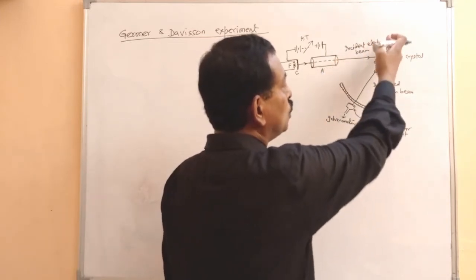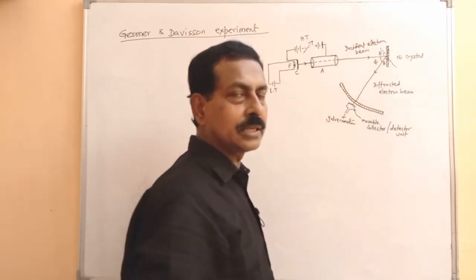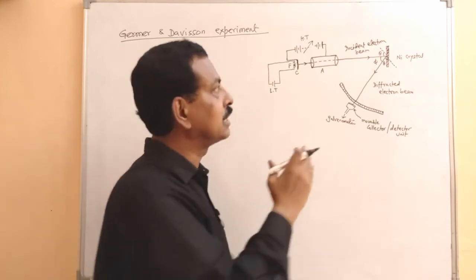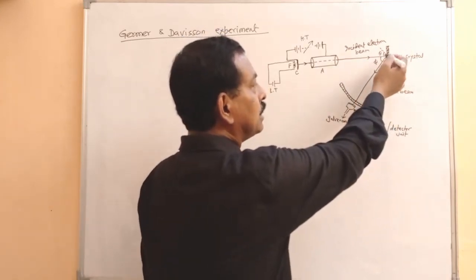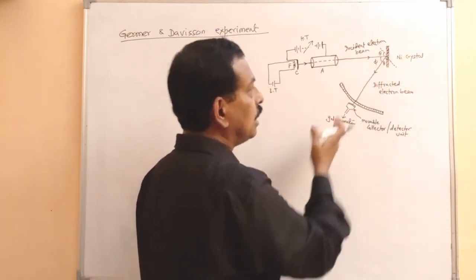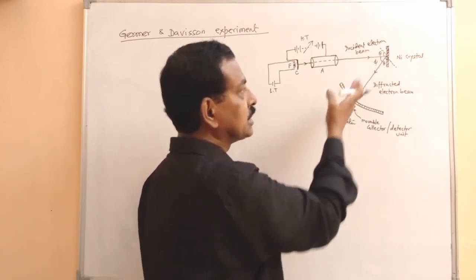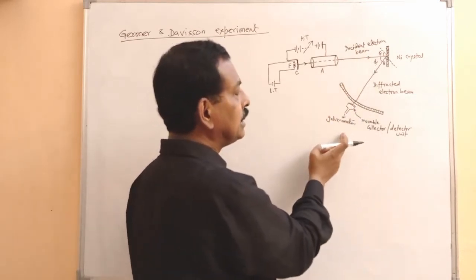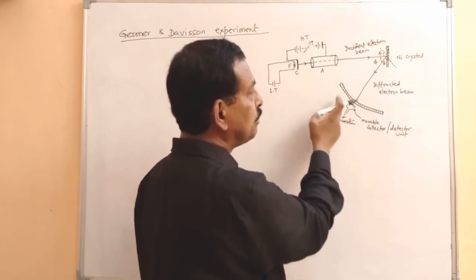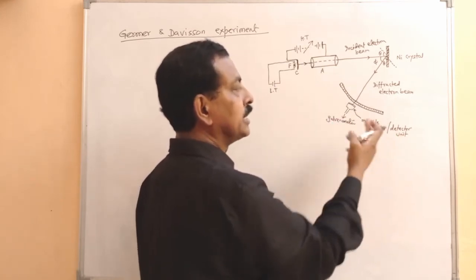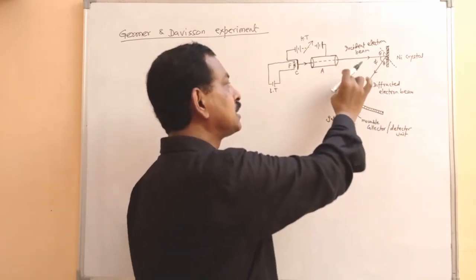They are allowed to strike a nickel crystal. The beam which gets diffracted is detected by this movable collector, or detector unit you can say. This is the scale.